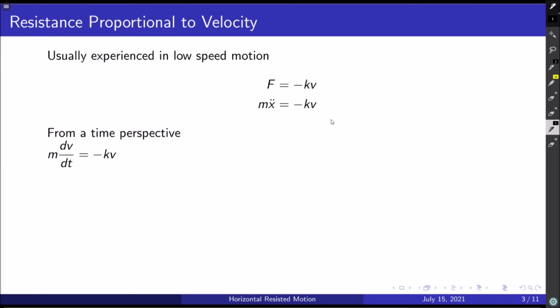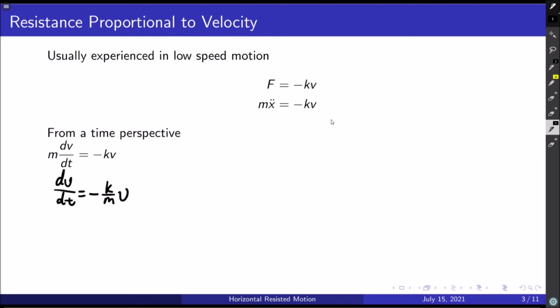What we end up with is a differential equation, where I can write it as dv over dt equals negative k over m times v. So a differential equation where the time derivative of v equals a multiple of v.